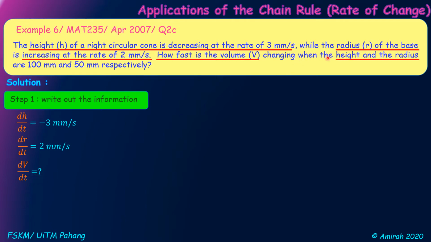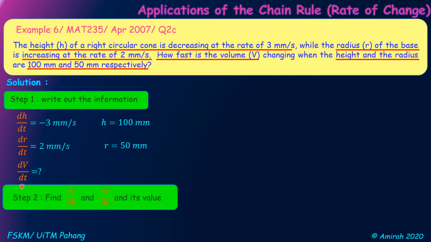Okay, when the height and the radius are 100 mm and 50 mm respectively, means height equals to 100 mm and radius equals to 50 mm. Alright, now we done write down all the information here. Okay, after that we can continue with step 2.